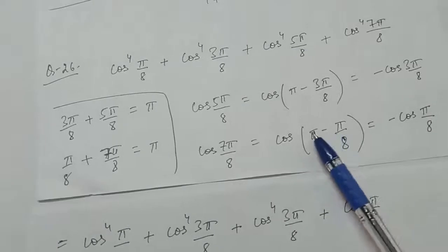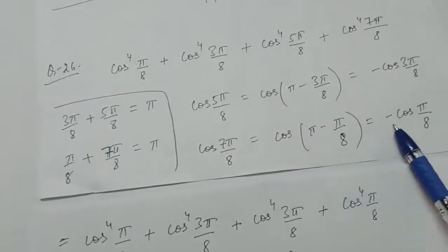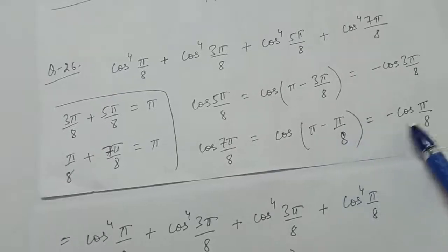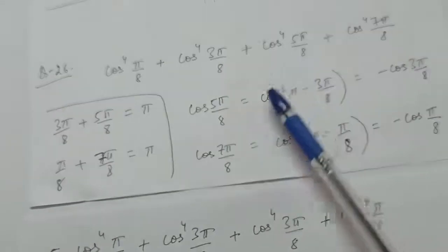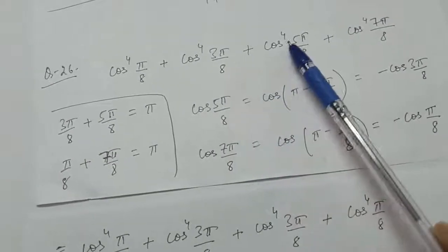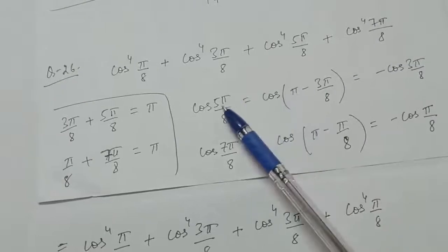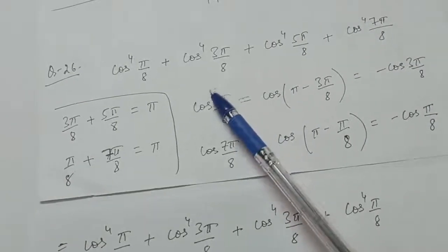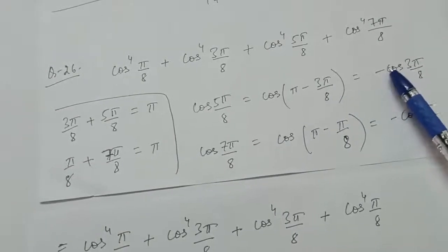For this also at pi cos will remain cos. This is second quadrant, so minus will come, so this will be equal to minus cos pi by 8, right? But in the question you can see of both these terms power 4 is given. So when you will find the cos 5 pi by 8 raised to the power 4, this minus will get cancelled because minus 1 raised to the power 4 is 1.